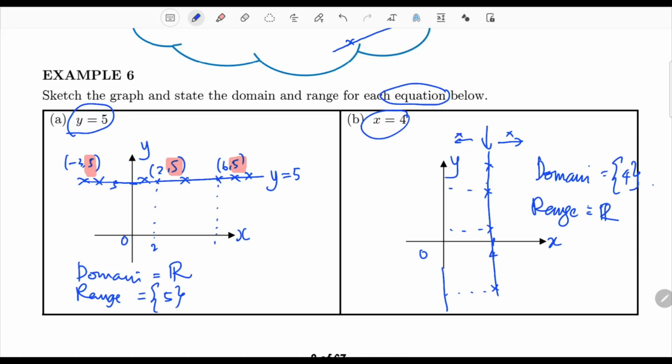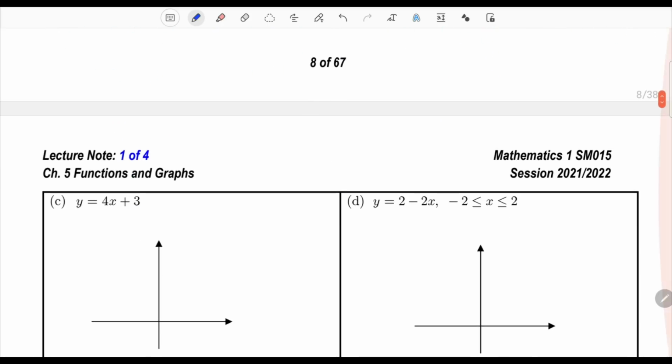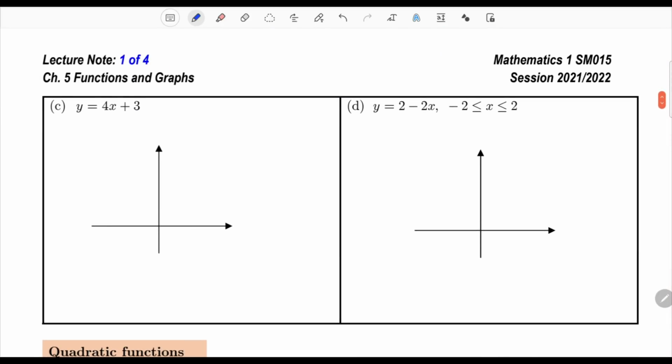Can you follow? Right, let's look at C. Now you have y equals 4x plus 3. Find the intercepts as in the steps just now. When x is 0, substitute: y equals 4 times 0 plus 3, so you get 3. When y is 0, you get 4x plus 3 equals 0, so x equals -3 over 4. The value of x is -3 over 4, the value of y is 3.